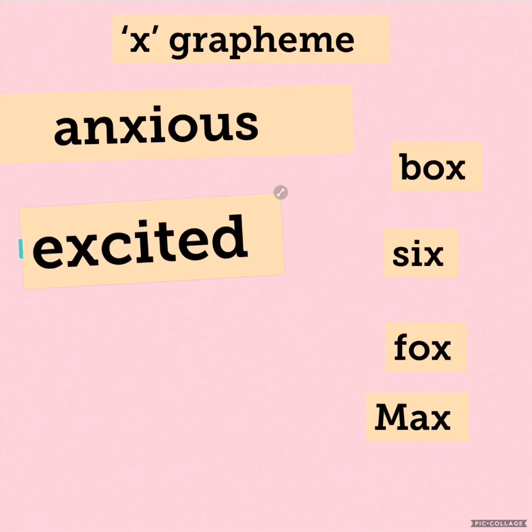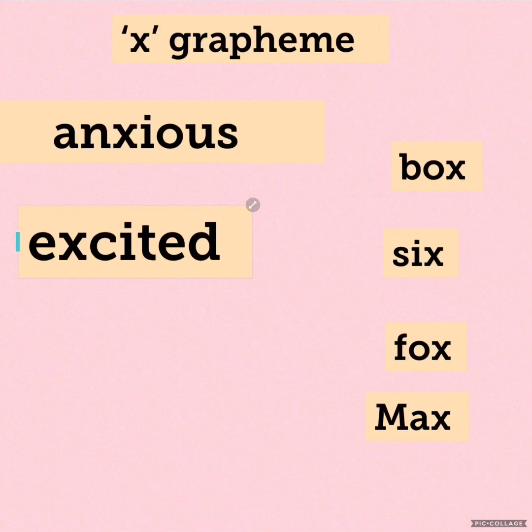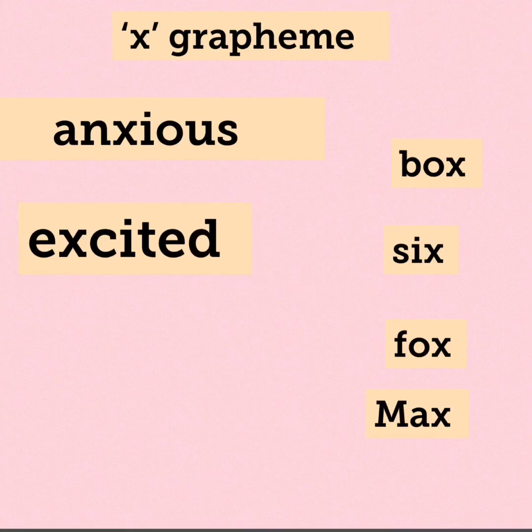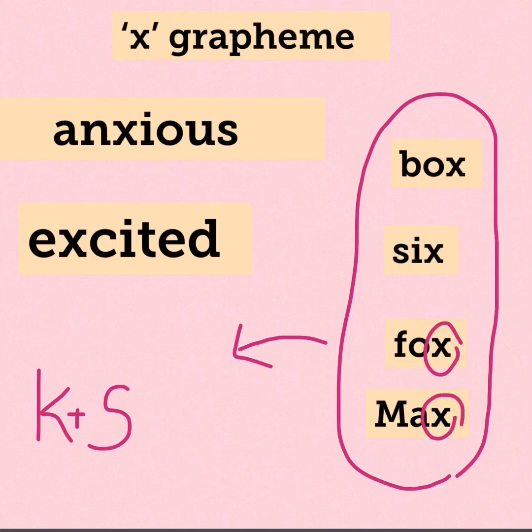So the X there represents the phoneme K. The other words over here on the side, and I'll circle them in this kind of wine color, like box, six, fox, max. The X represents the phonemes K and S. So the sounds K and S are represented by the grapheme X.